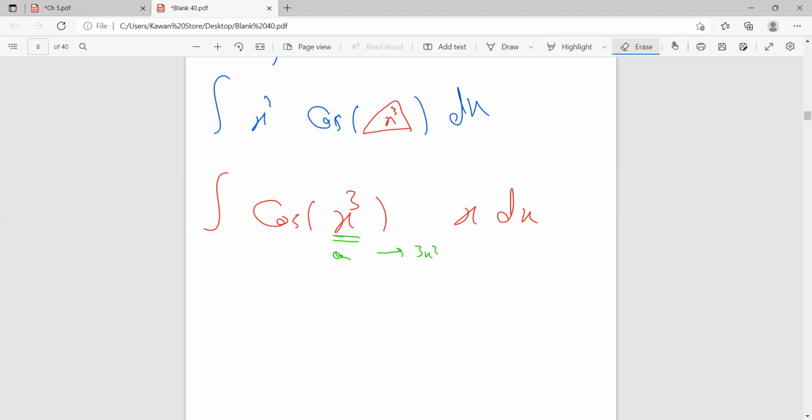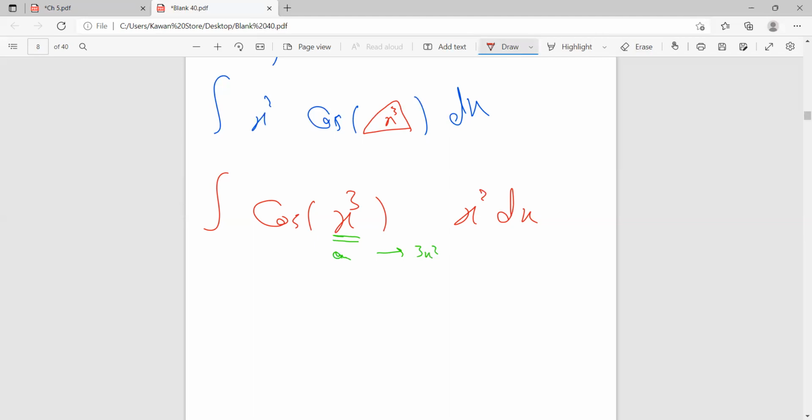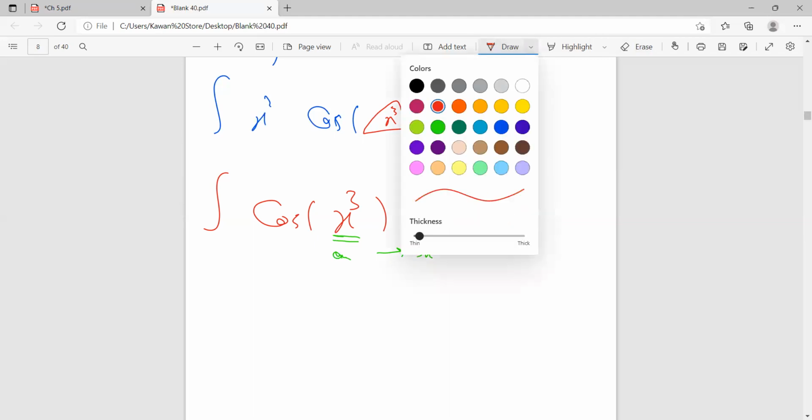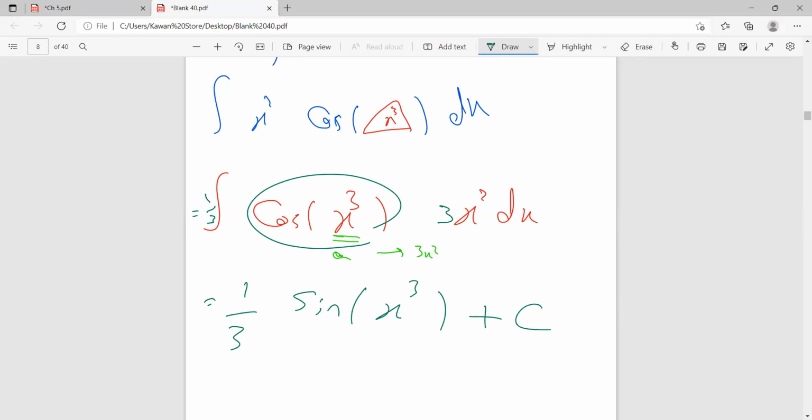So we need to put 3 here and 1/3 outside. Going to the table I gave you before, cosine integrates to sine, so careful, sine of x cubed plus c. Any question here? Please ask if you didn't get the idea.